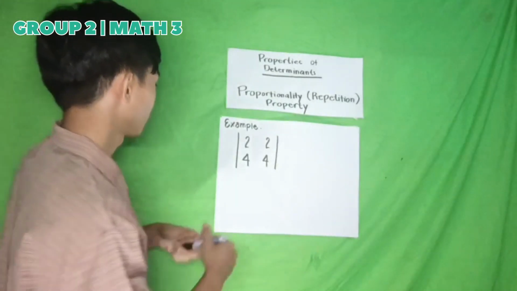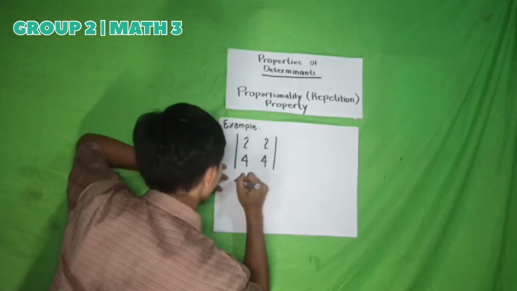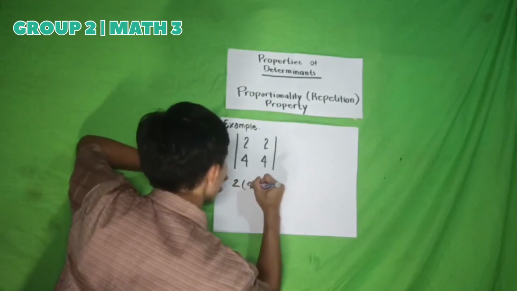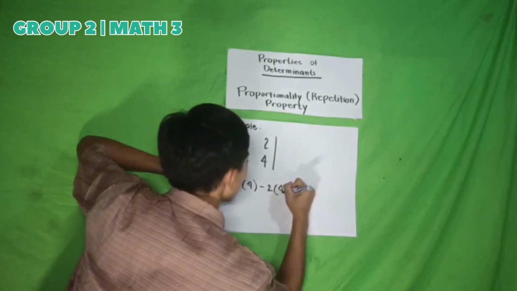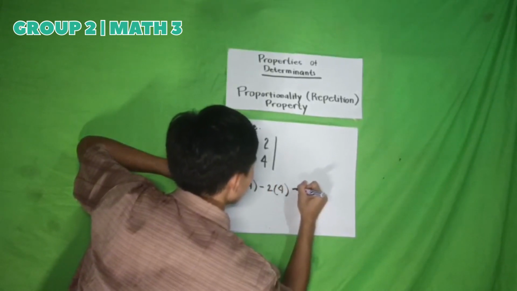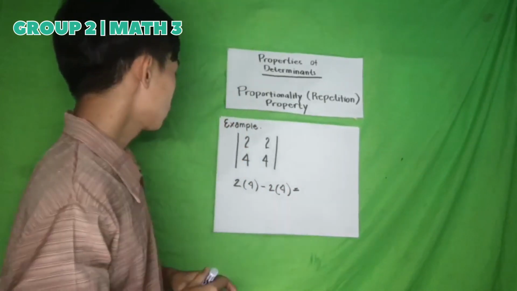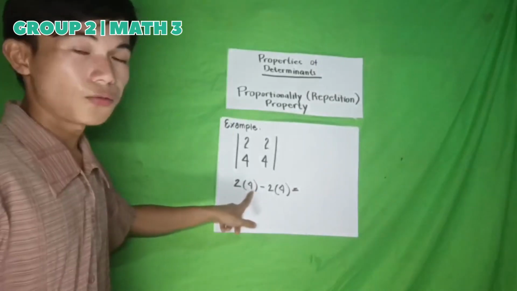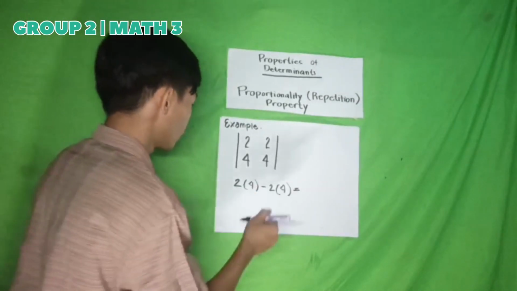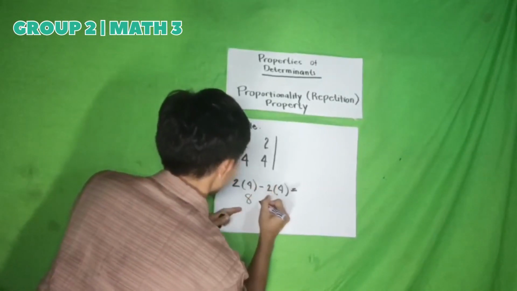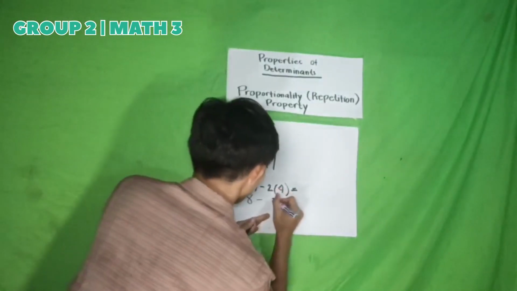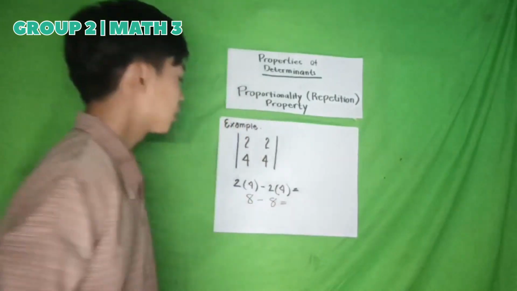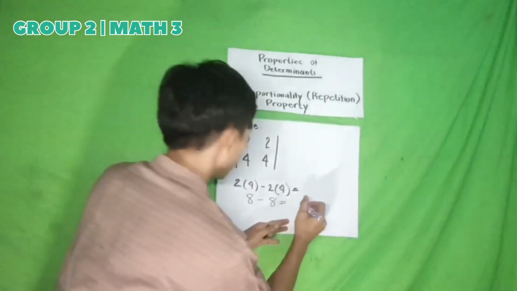Let's check. So 2 times 4 minus 2 times 4 equals, 2 times 4 is 8, minus 2 times 4, 8. So that will equate to 0.